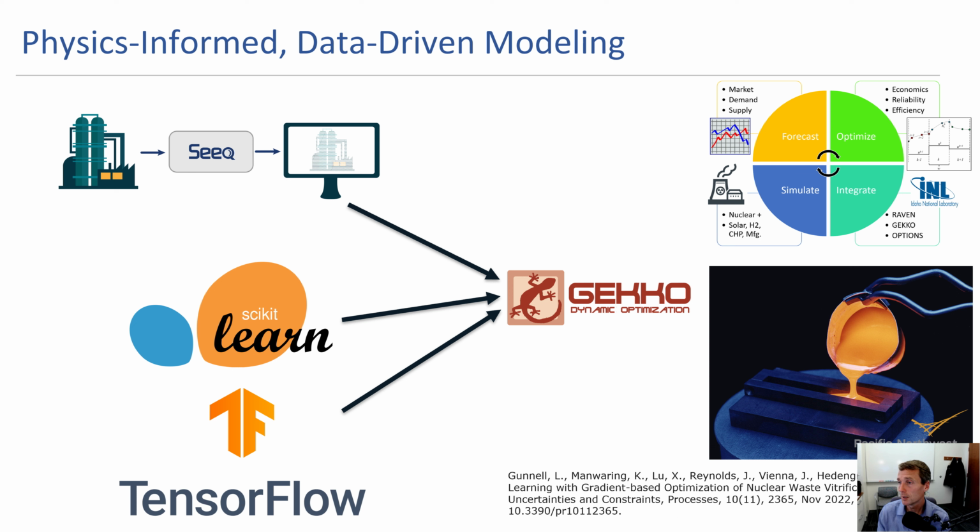This is introducing small modular reactors, these nuclear reactors, especially with molten salts into the grid, and how do they work together with solar, combined heat and power, hydrogen storage, and others to be able to deliver these combined solutions that utilize the strengths of both of the technologies. Much like we're using the data-driven approach and the physics-based model and combining those into a unified approach to be able to solve some of these problems.